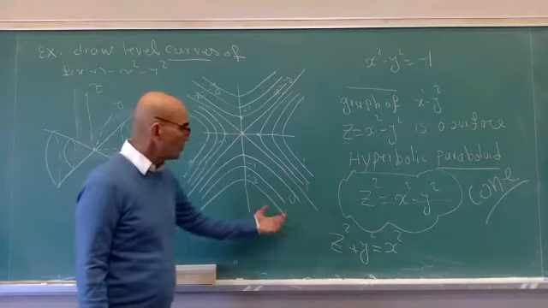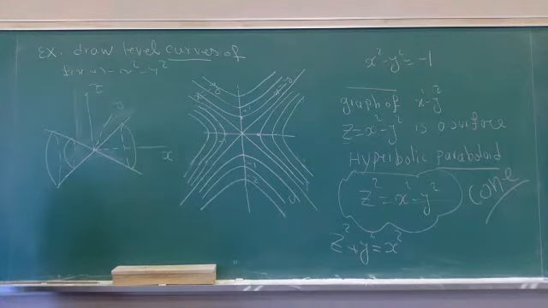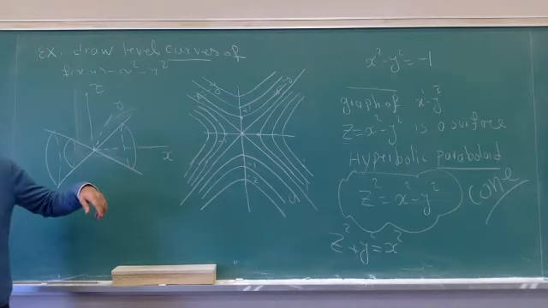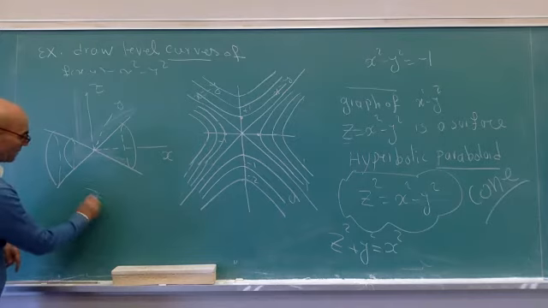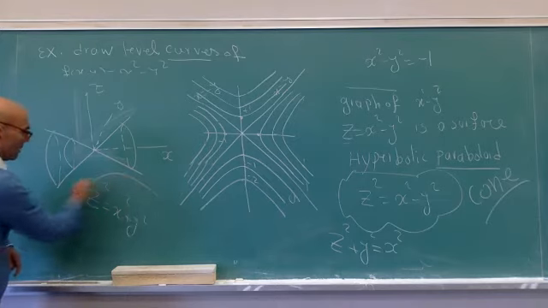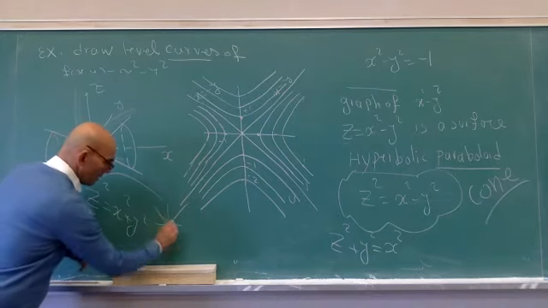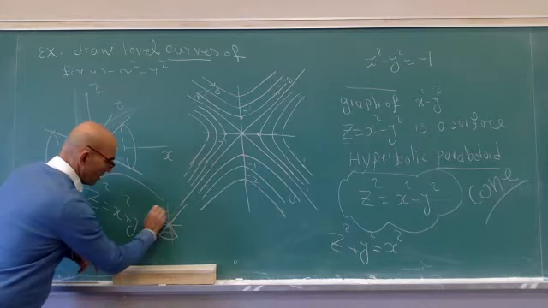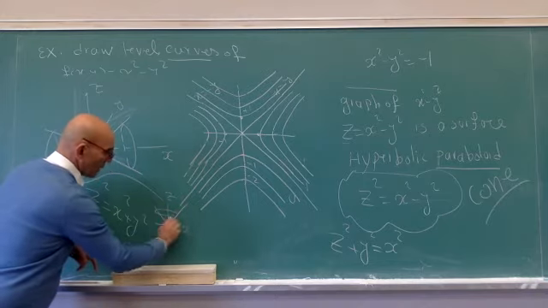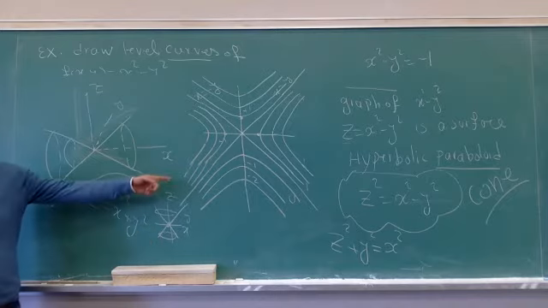So as x moves, you get... Usually when I drew the cone, it was like z squared equal to x squared plus y squared, right? So that was like that. But that's the cone, which is like z x y. That was that cone, but that's this cone.